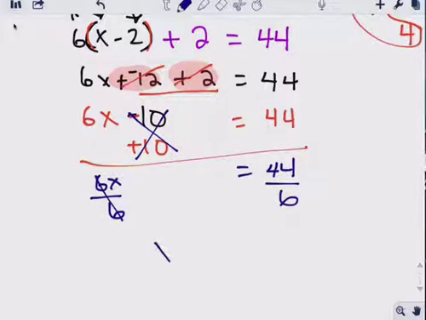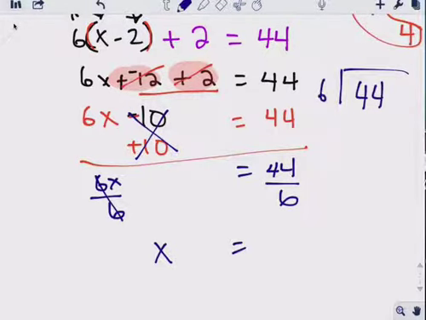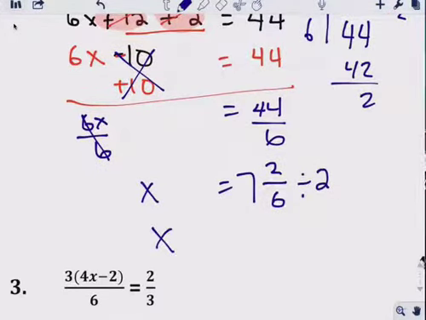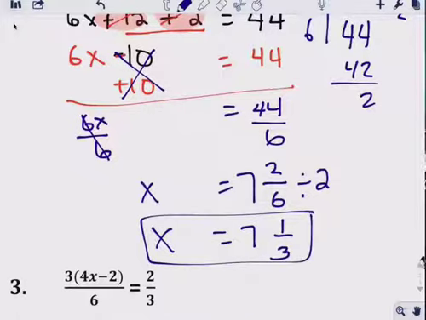X equals 44 divided by 6 is 7. That's 42 with a remainder of 2. So you answer 6 with a remainder of 2 over 6. This can be reduced by dividing by 2. So my answer is 7 and 1 over 3. Okay?